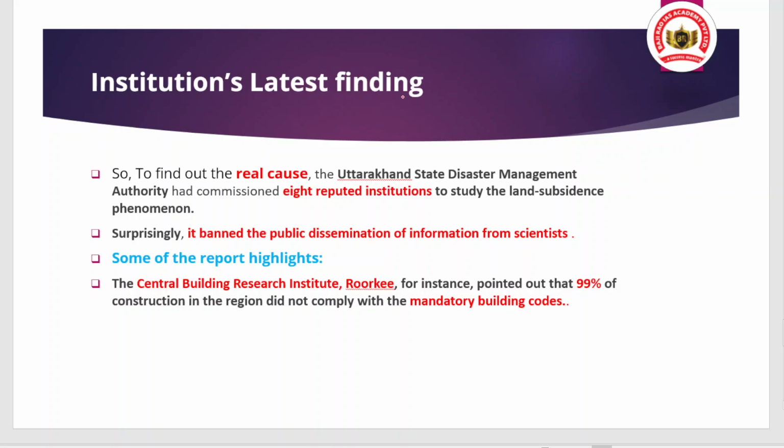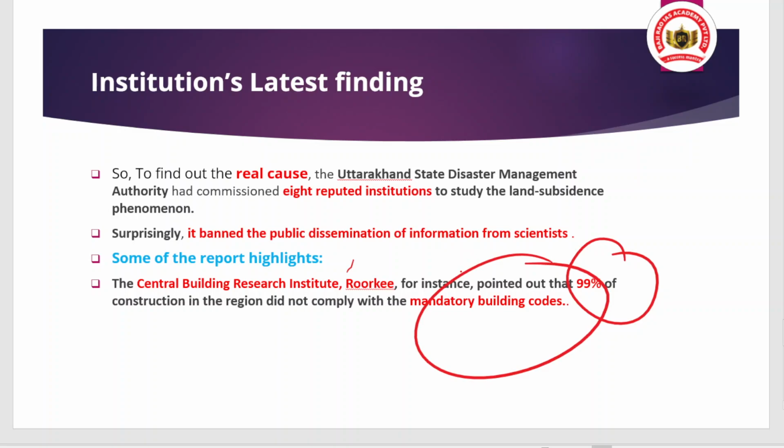So these causes were presumed before the report, but when the report came, there were findings we will discuss. The Central Building Research Institute, Roorkee, pointed out that 99% of the construction in the region did not comply with the mandatory building codes. That means unsustainable infrastructure and unsustainable buildings.